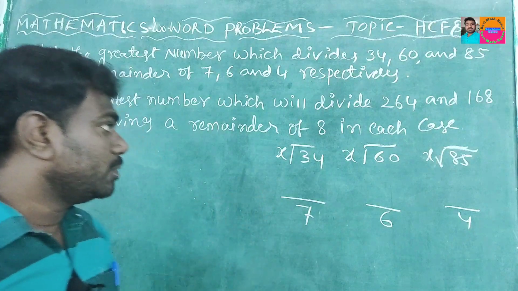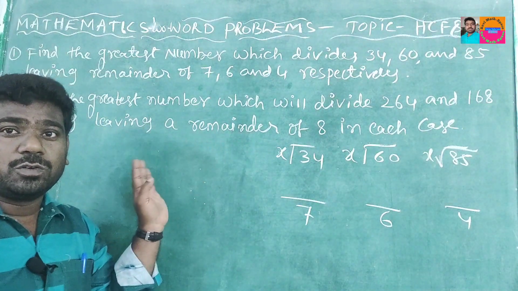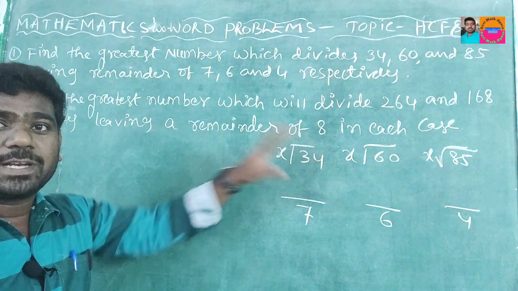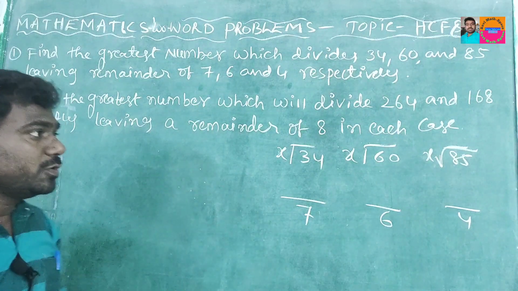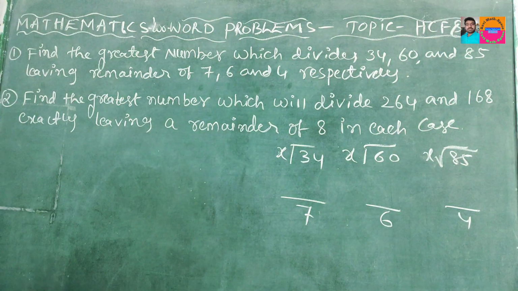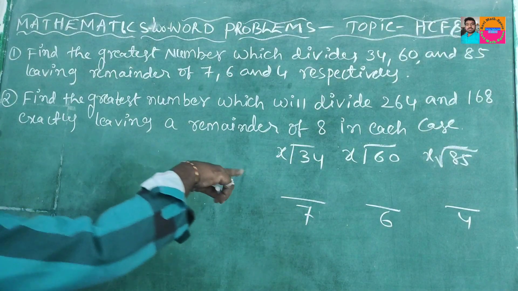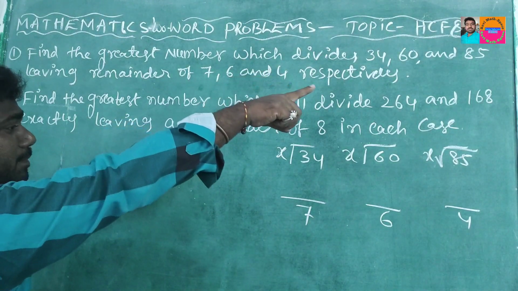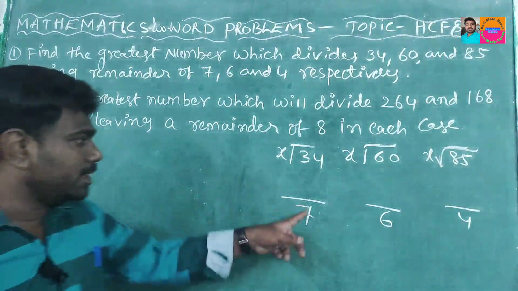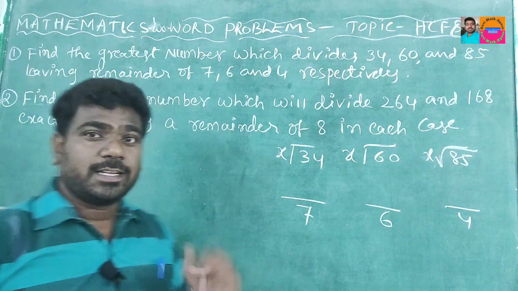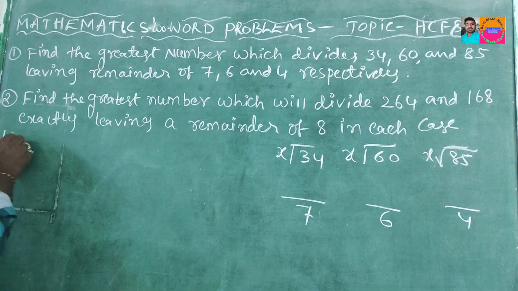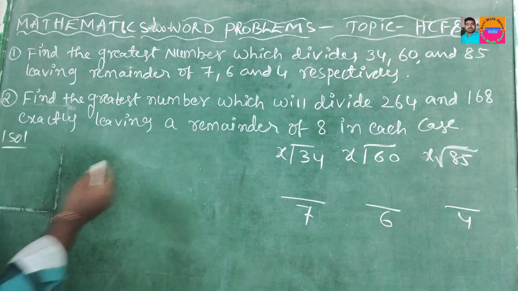Now how to do this problem? If you understand the question properly, the solution is very easy. Step 1: from these three numbers we have to subtract these remainders.